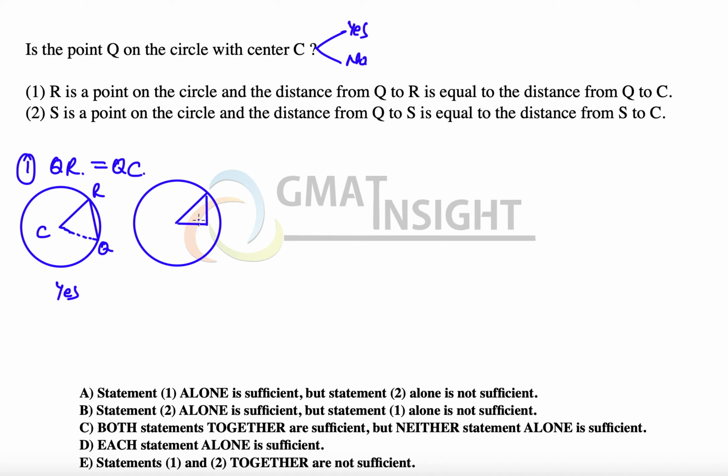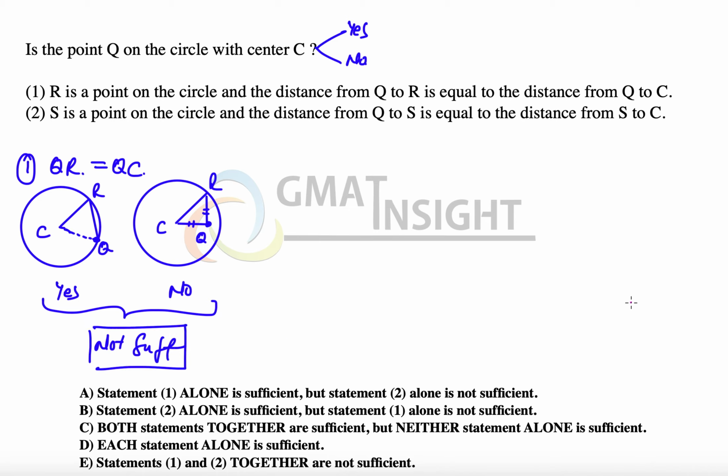I was trying to draw an isosceles triangle with CR fixed and these two lines equal, but the Q point is not on the circle, it is inside the circle. The answer to the question here is no. The first statement does not confirm whether Q is on the circle or inside the circle, because we have got two contradicting possibilities. Therefore the first statement alone is not sufficient to answer the question.